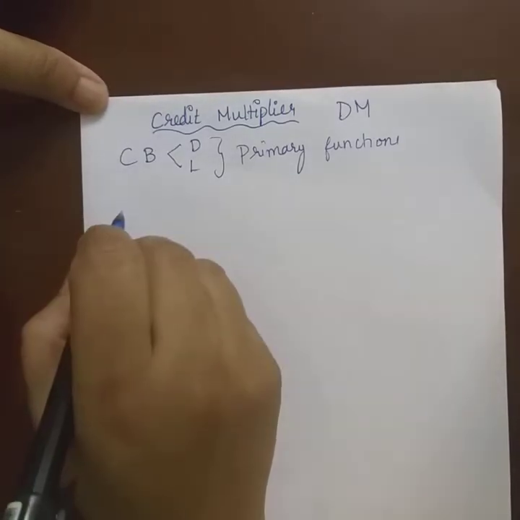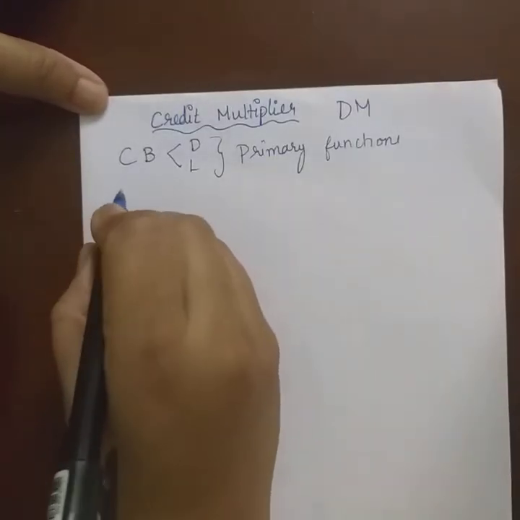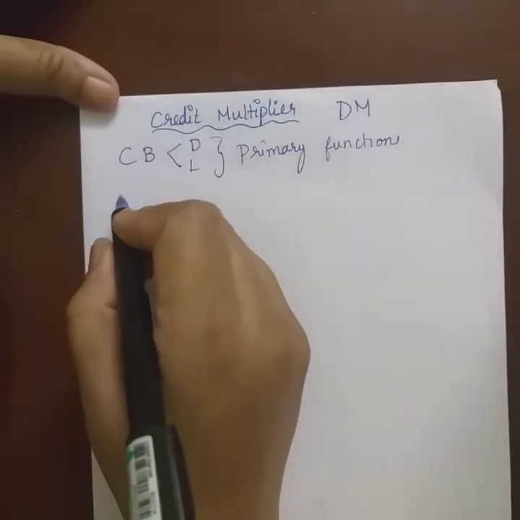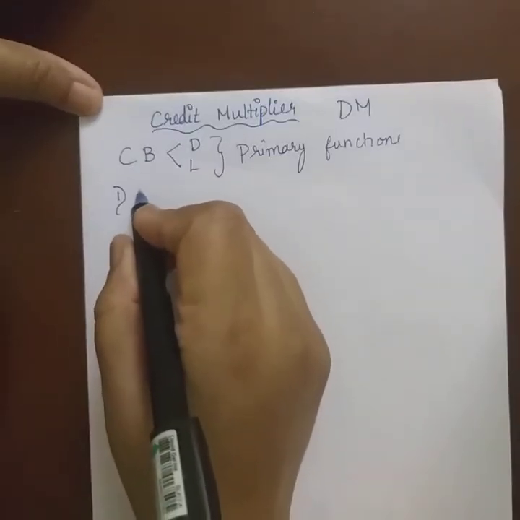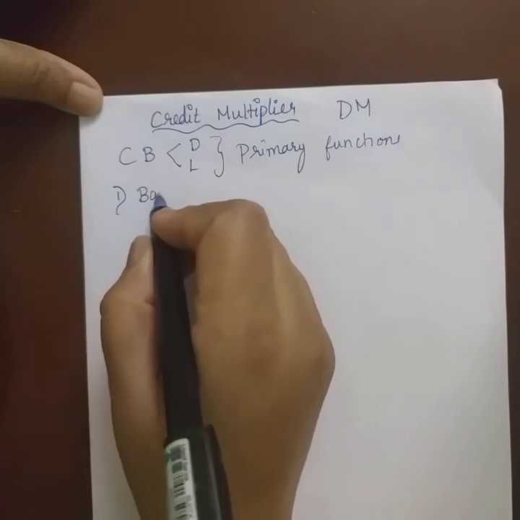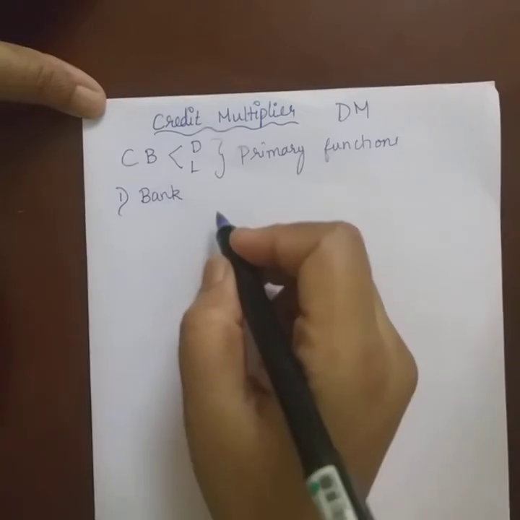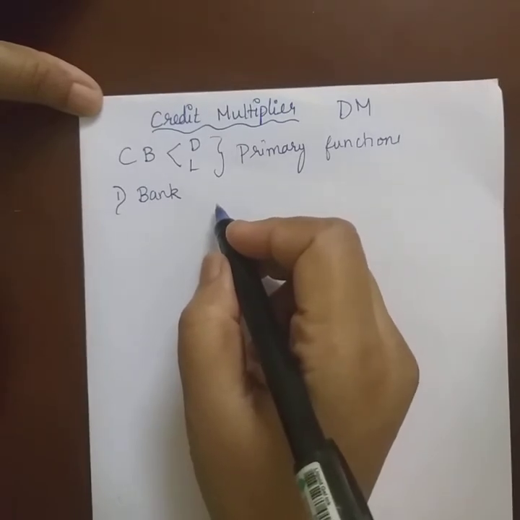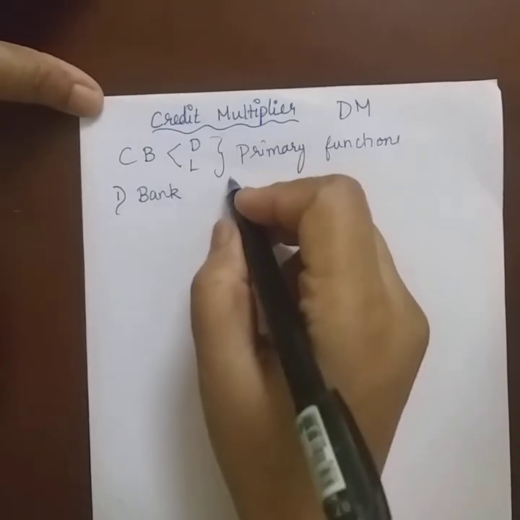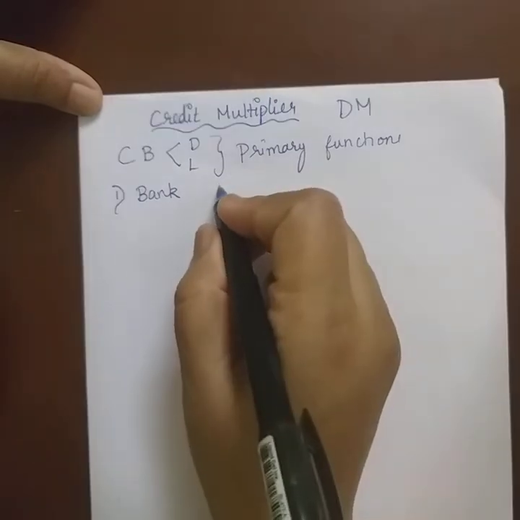To understand the credit multiplier, there are two basic assumptions that are made. Number one, all the transactions are going to be routed only through the bank. Let me repeat, all the transactions that happen in the economy are going to be routed only through the bank.